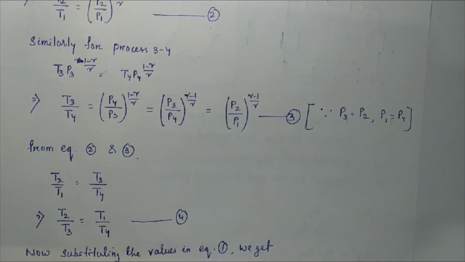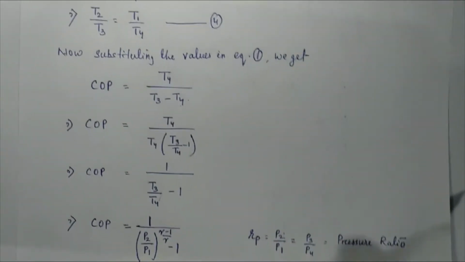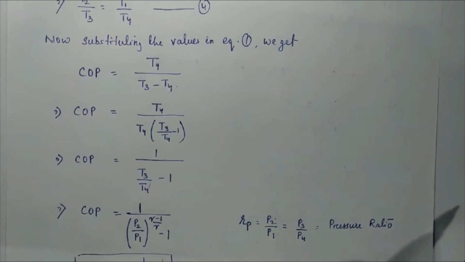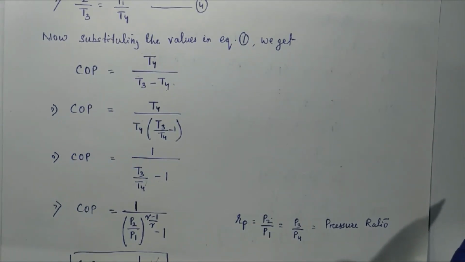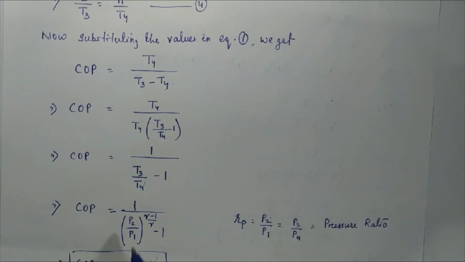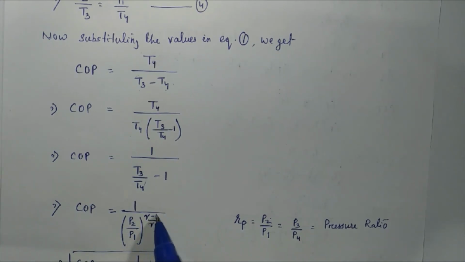So in place of T3 by T4, we can substitute the ratio of the pressures, P2 by P1 to the power (gamma minus 1)/gamma, minus 1. So this is the expression of COP.